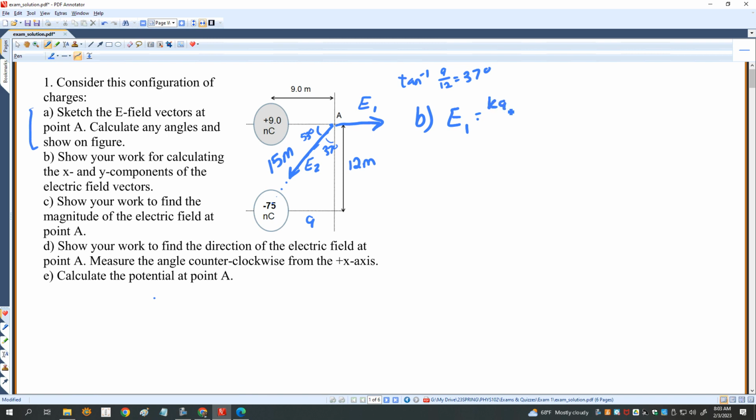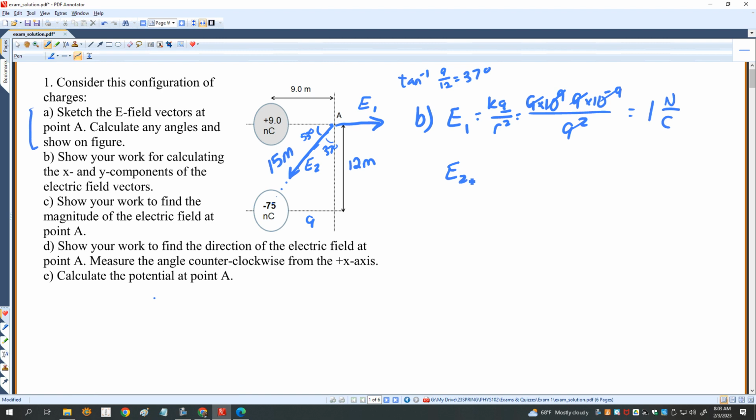That's kq over r squared, 9 times 10 to the 9th, Q here was 9 nanocoulombs, 9 times 10 to the minus 9, divided by the distance, which was 9 meters squared. So I got a bunch of 9s. So that's just equal to 1 Newton per Coulomb. That cancels with that and that.